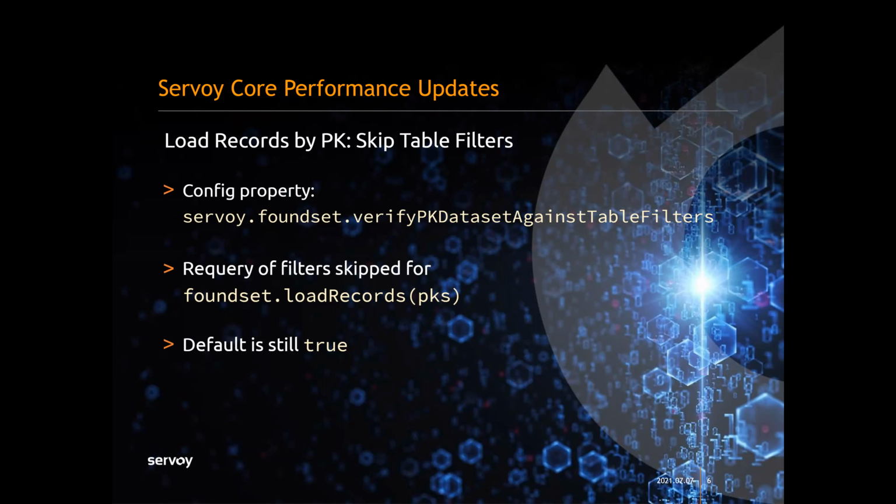But if you disable this and set it to false, it allows you to skip the requeries against the table filters when you're loading records by primary key. Again, this is a real edge case, but it's good to know that it's there if you see a performance issue when you have table filters and you're calling load records by PK.